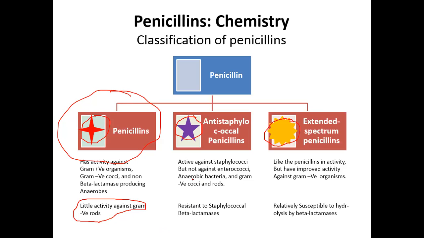Now, the anti-staphylococcal penicillins, this group of drugs, which are anti-staphylococcal, of course, by their name, you know that these work against staphylococci, but they do work against streptococci as well. But they do not work against these gram-positive cocci, the enterococci.